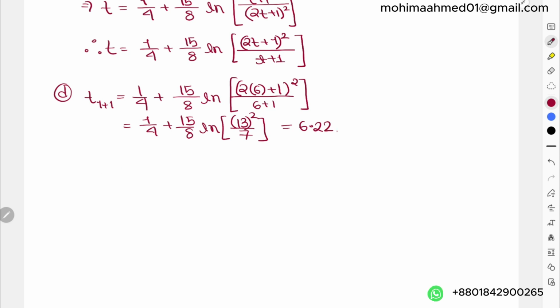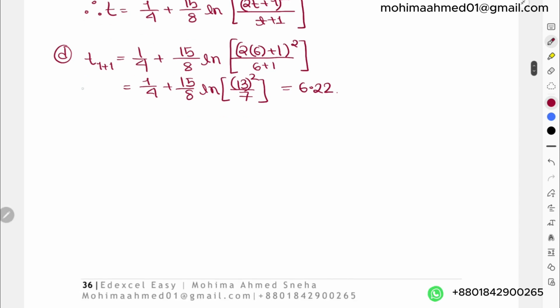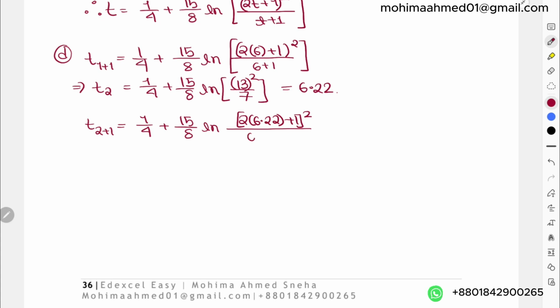And after this, I was trying to find out the value for your T6. Now I cannot just jump to T6. I have to calculate T3, T4, T5 like this. So this is your T2. For the next one, we are going to find T2 plus 1, which is 1/4 plus 15/8 ln 2 multiplied with 6.22, whole square divided by 6.22 plus 1.